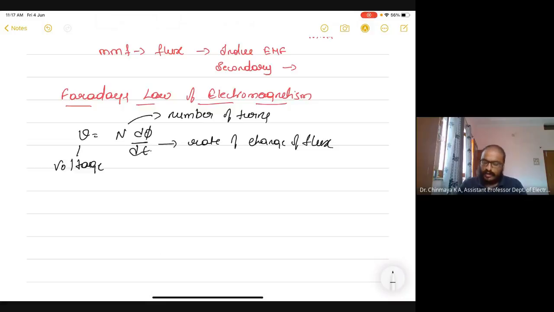So this is how we link the induced voltage or applied voltage. If it's induced voltage, the rate of change of flux will be because of the applied voltage. Or if it's the induced EMF, it will be because of the rate of change of flux. So the induced EMF will be equal to the number of turns into the rate of change of flux.